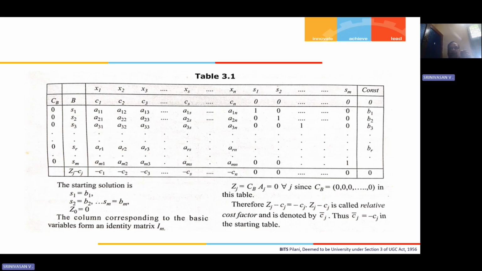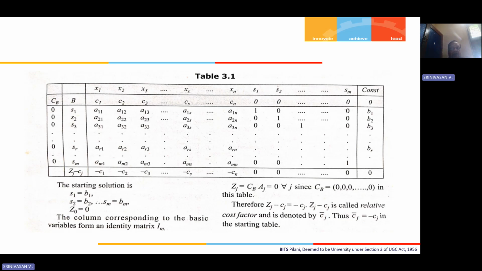But therefore, in the left corner, you can put simply the objective function Z. So you will write the variables x1, x2, x3, xn. You will write the slack variables s1, s2, s3, sm, as they form the variables in your objective function. Now, in the first column, you write CB, that is coefficients of the basic vector.